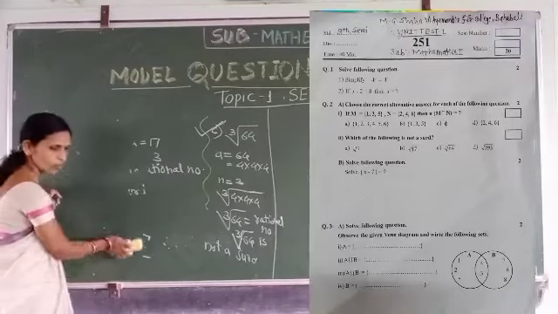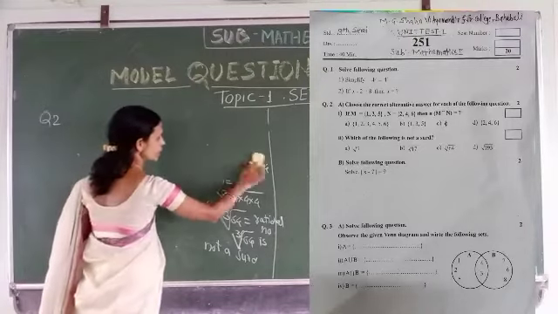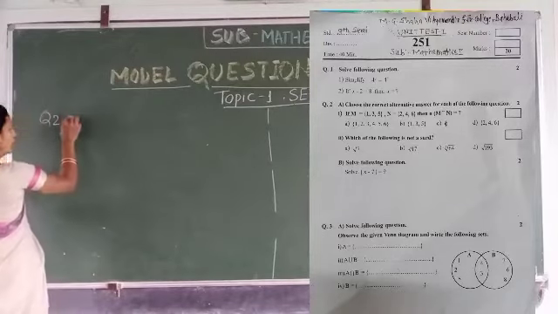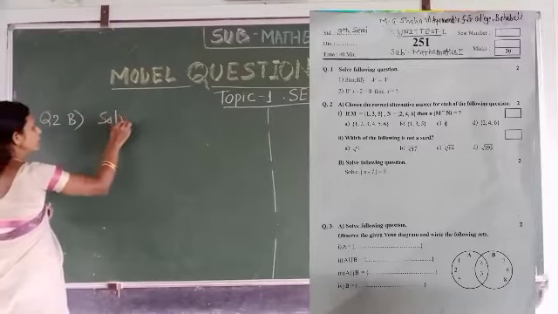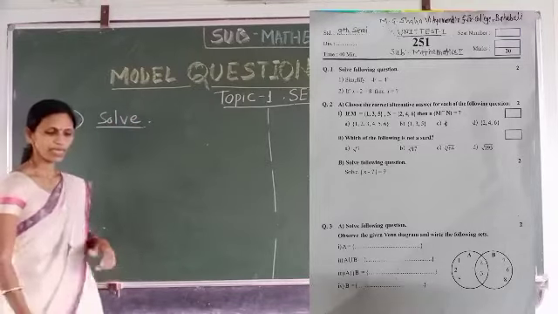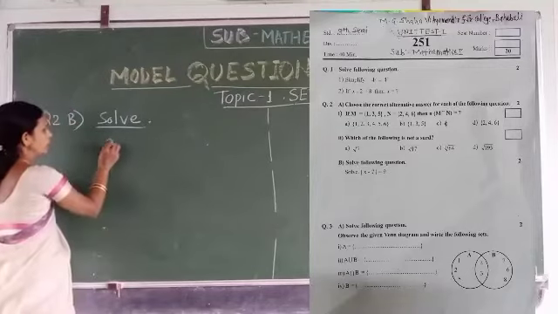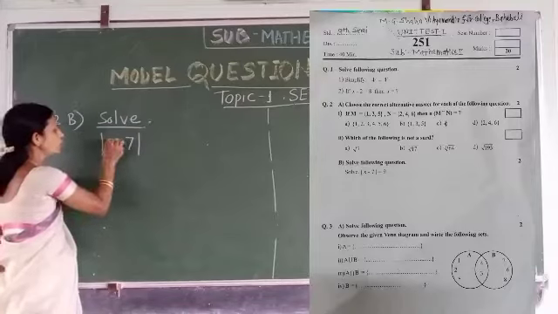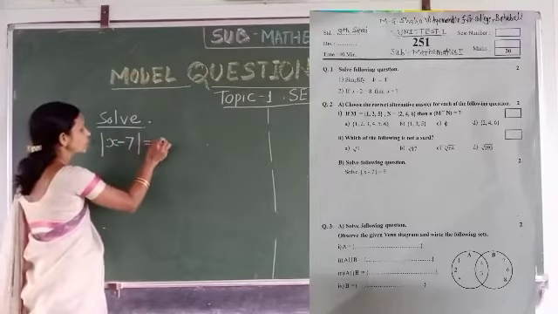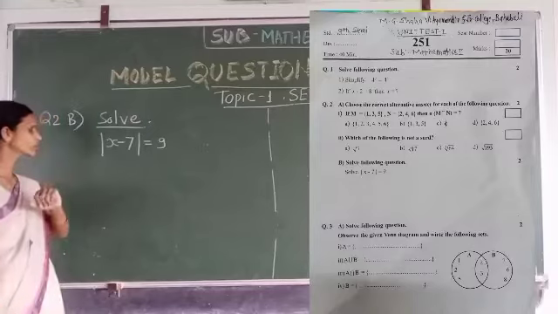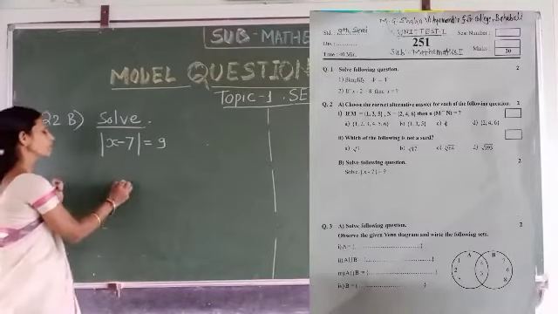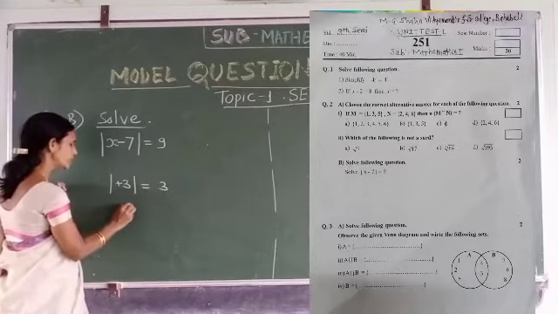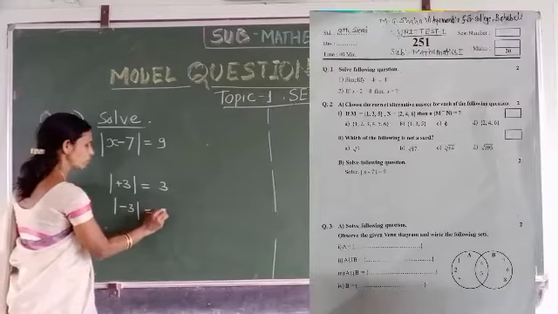Then one more example is given in question number 2b. Solve the following given example. Here the example is based on absolute value. All of you have studied that the absolute value of any positive number is positive, as well as any negative number's absolute value is also positive.